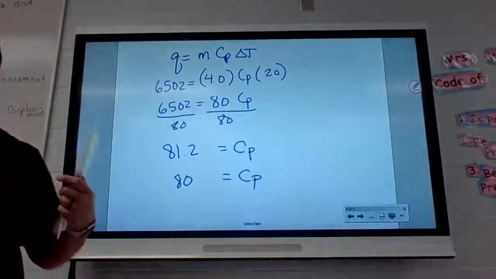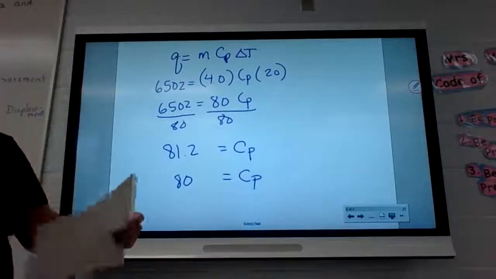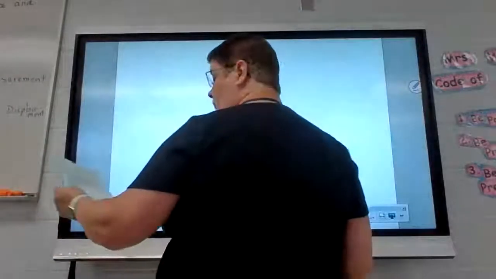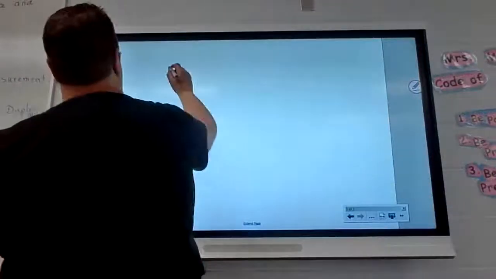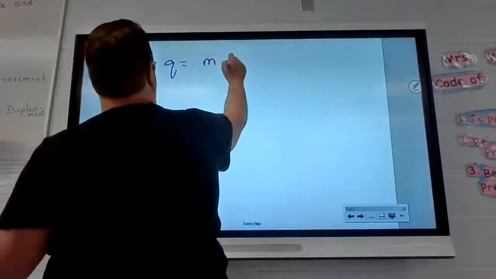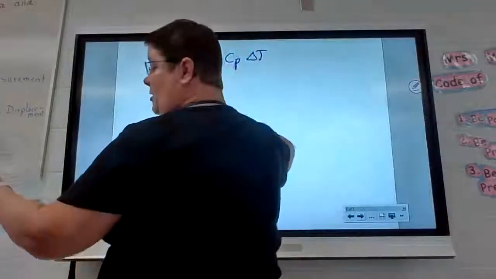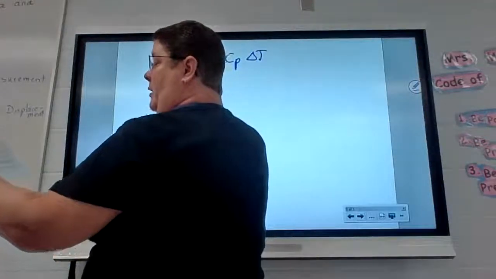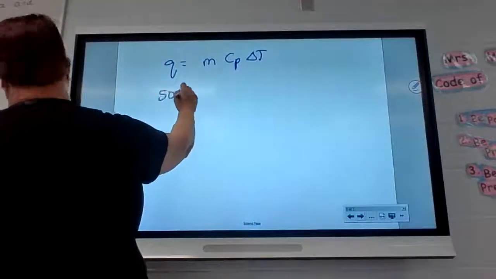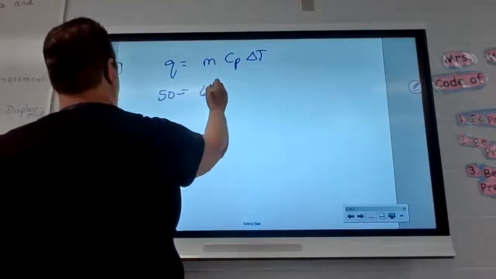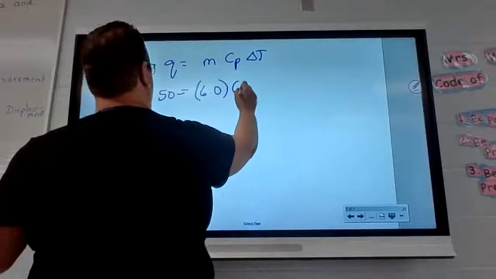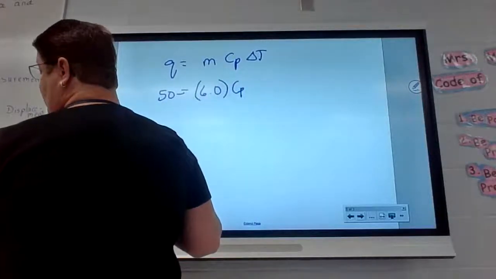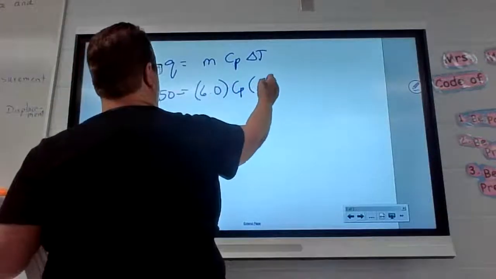All right, number 4. Number 4 says determine again the specific heat. So the heat in number 4 is 50 joules. The mass is 6. We're looking for CP, and delta T is 50 to 30, which is 20.